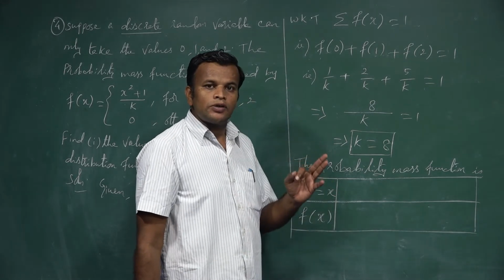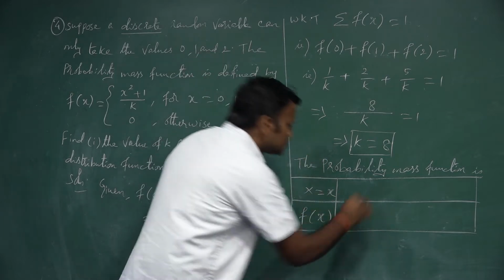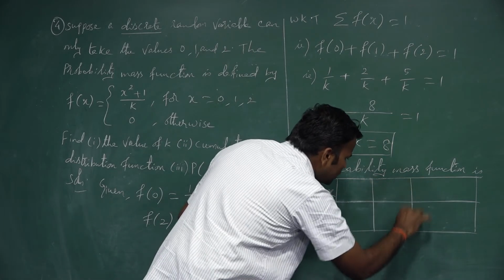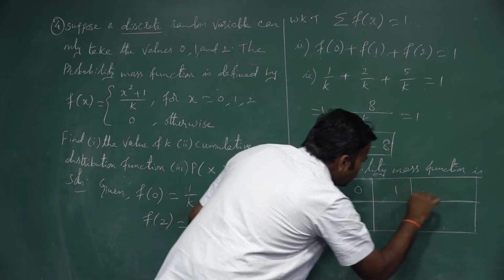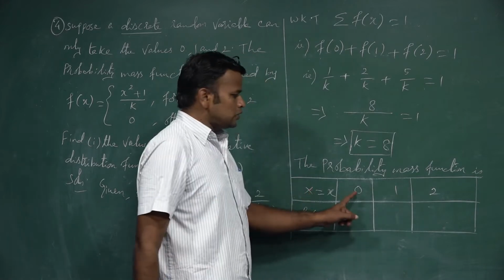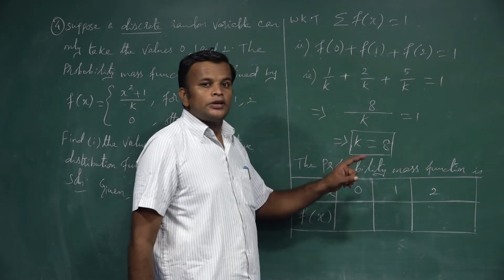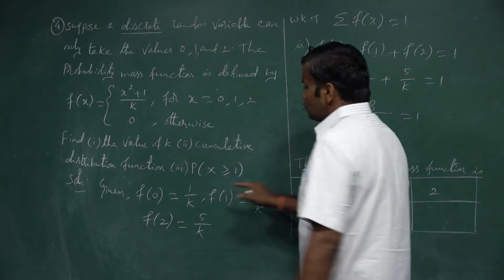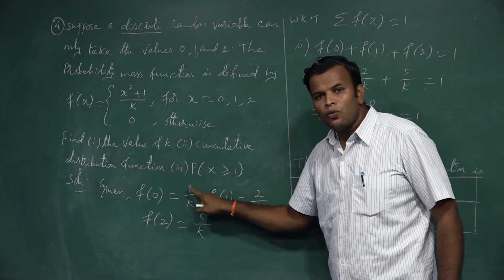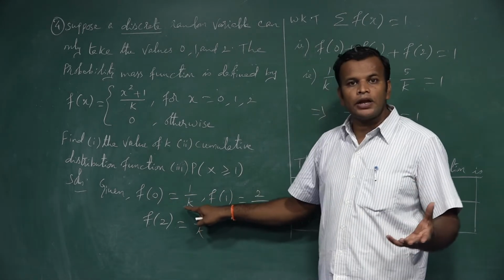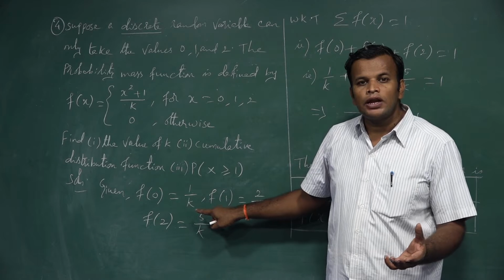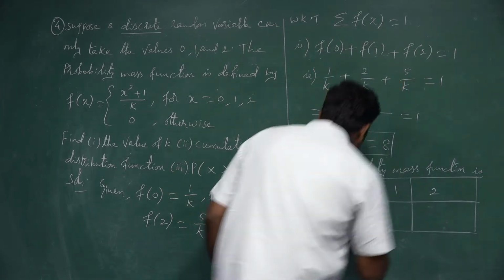Just 3 values: 0, 1 and 2. When x is 0, the probability value f of 0 is given as 1 by k. We found the value of k, which is 8. So 1 by 8.